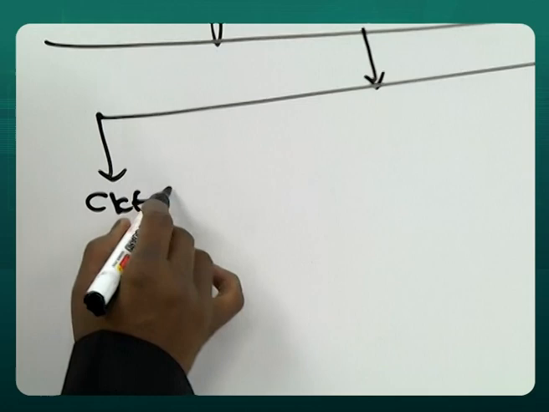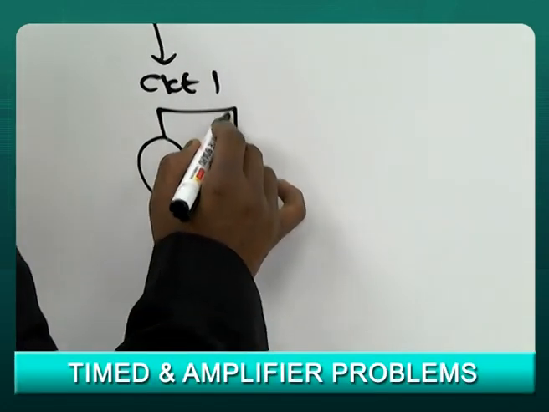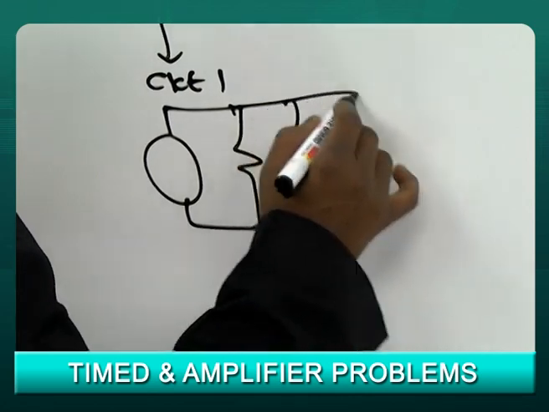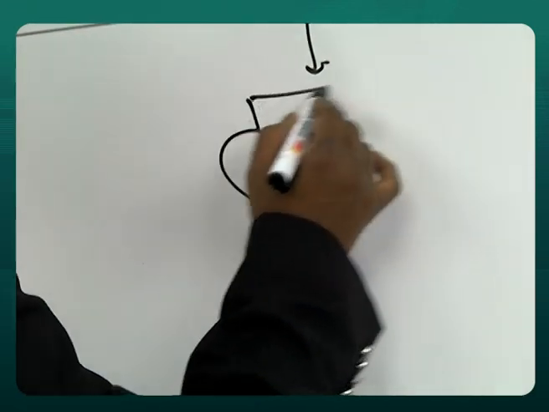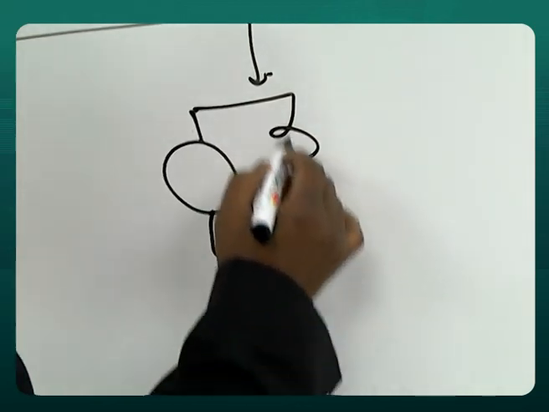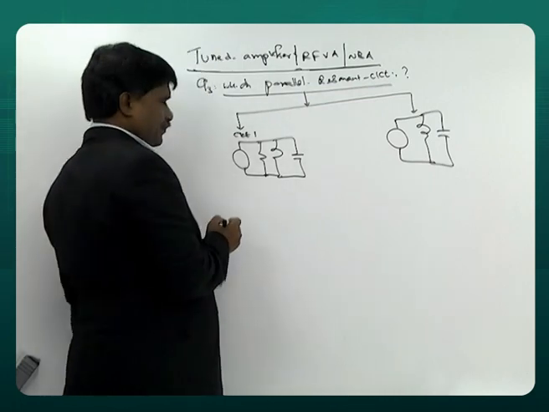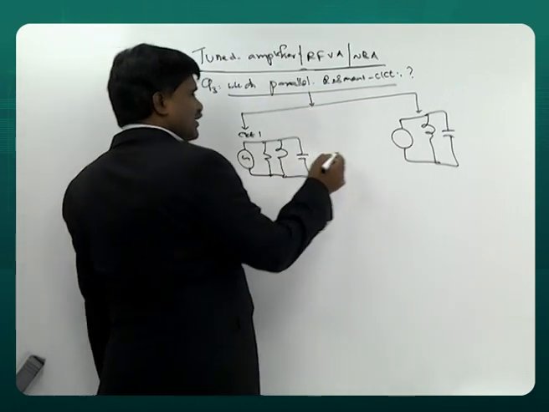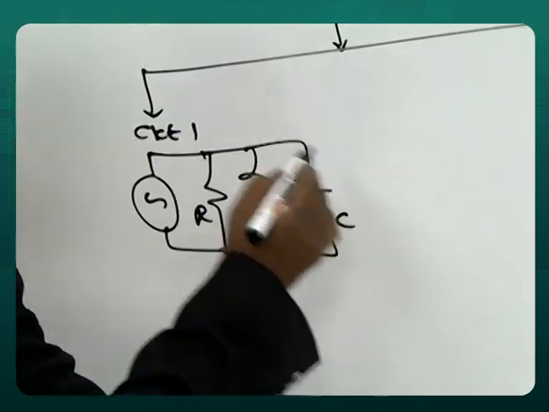Okay, call this as circuit 1, this one, circuit 2, like this. So you are giving a signal here, RLC.